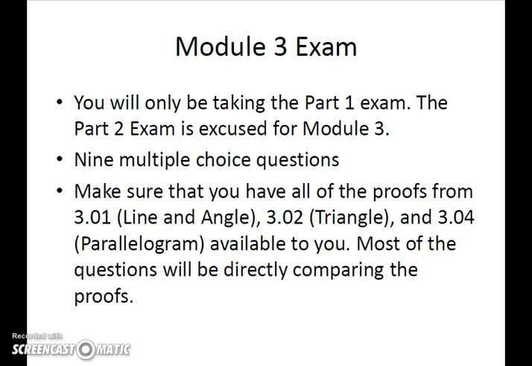You're going to want to have those open and be looking at those proofs as you take the exam. A lot of the questions in the exam are answerable if you see the proofs as they're supposed to be written and then compare them to what's on the test. That's my biggest advice to you for the test.